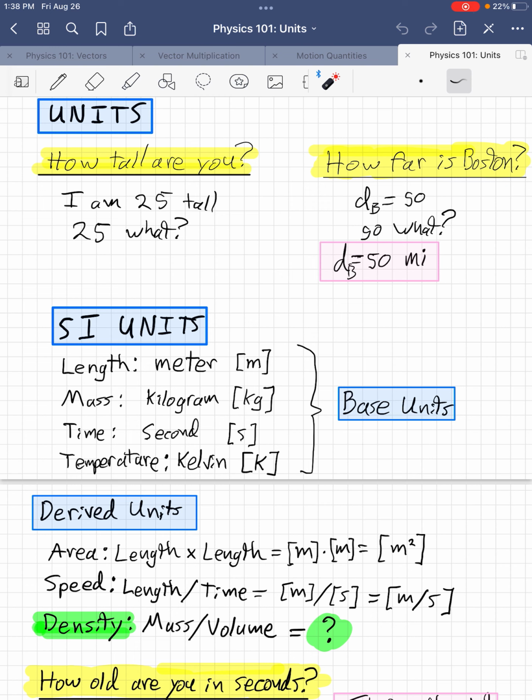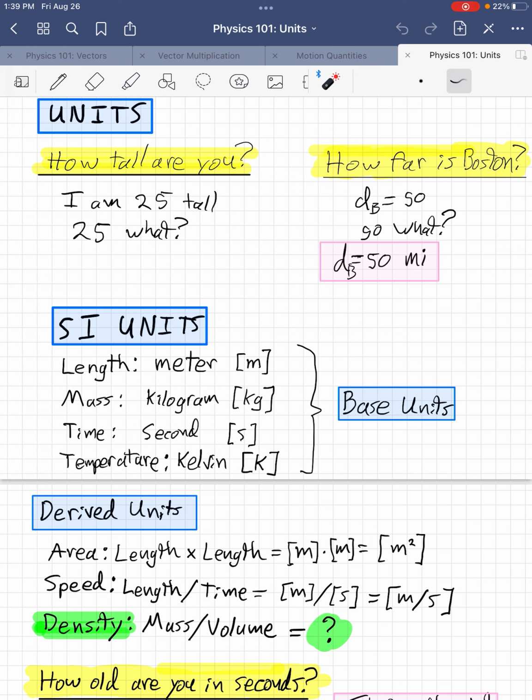All right, so instead of using miles, we're going to be using what we refer to as SI units. These standard units that we're going to be using are meters, which is a unit that measures length, kilograms, which is a unit that measures mass, seconds, obviously a unit that measures time, and sometimes we'll be using temperature, which the unit we're going to be using there is Kelvin, which is similar to but a little bit different from Celsius.